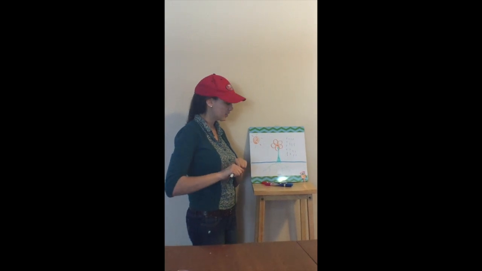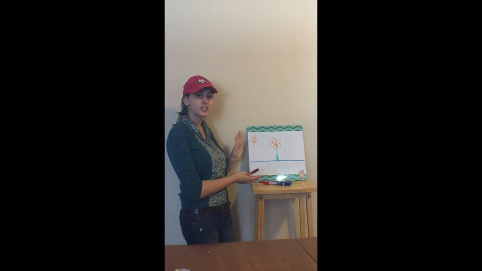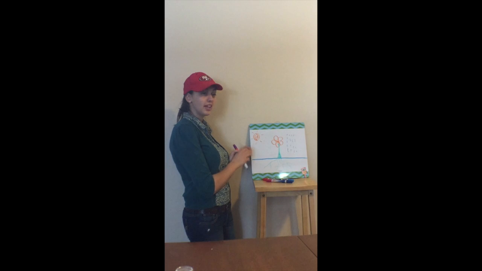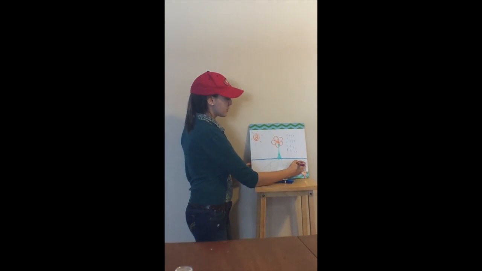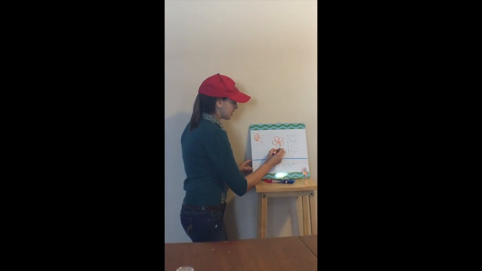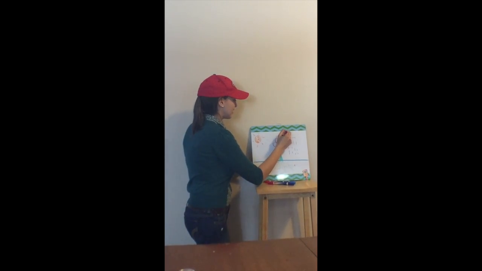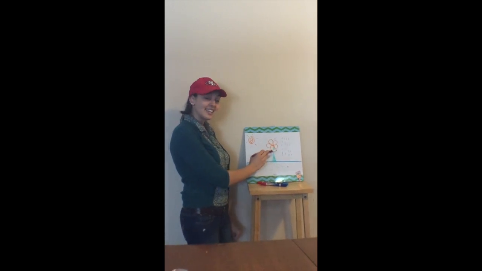Welcome back, grade 1. So today we're learning about a whole new subject. We're going to learn about the life cycle of plants. Let's start by learning about what a plant is made out of and what they need to live. So these are the roots. That's part of the plant. This is the stem. That's another part of the plant. These are the petals. Does anyone know what this is? Oh, I do. Yes, Abby?